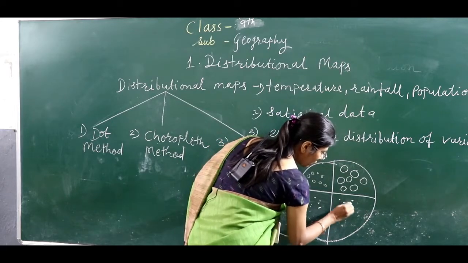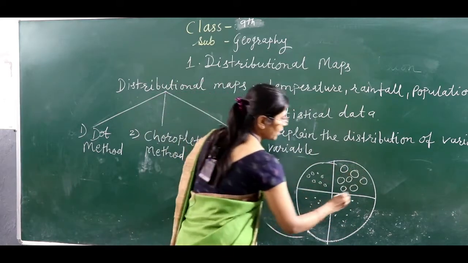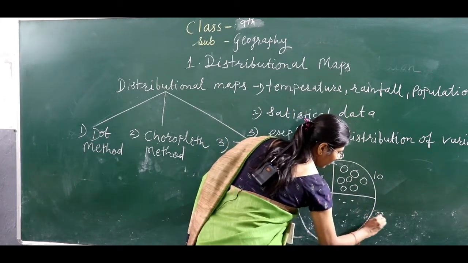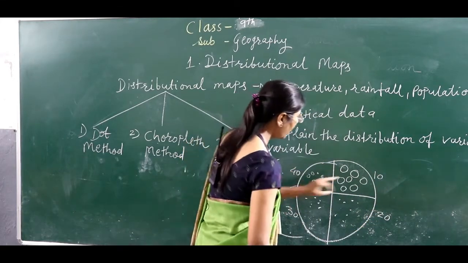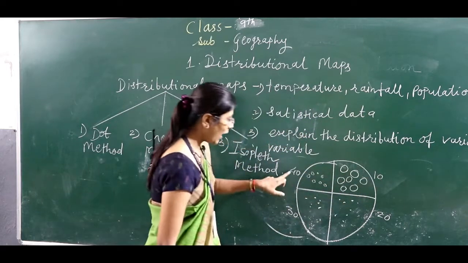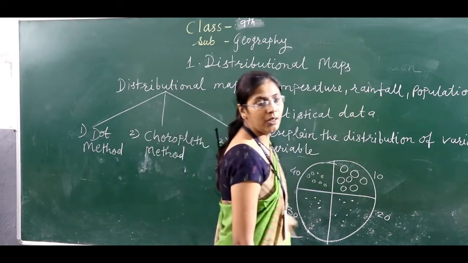So this is called the dot method, showing the different types of variables, like 10, 20, 30, 40. It means the lowest to highest value is used in a dot method.